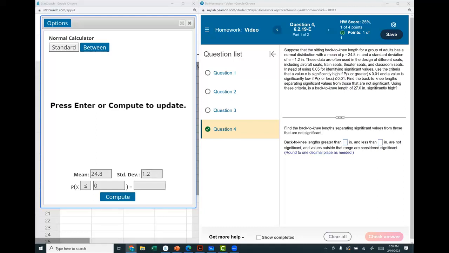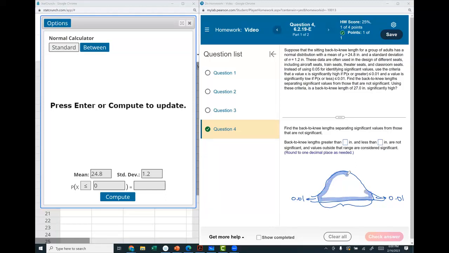Okay, so we're doing kind of the same thing, but here's my normal curve. And remember, I want this area to be 0.01, and I want this area to be 0.01. But really, what I want to know is this part in the middle here, right?